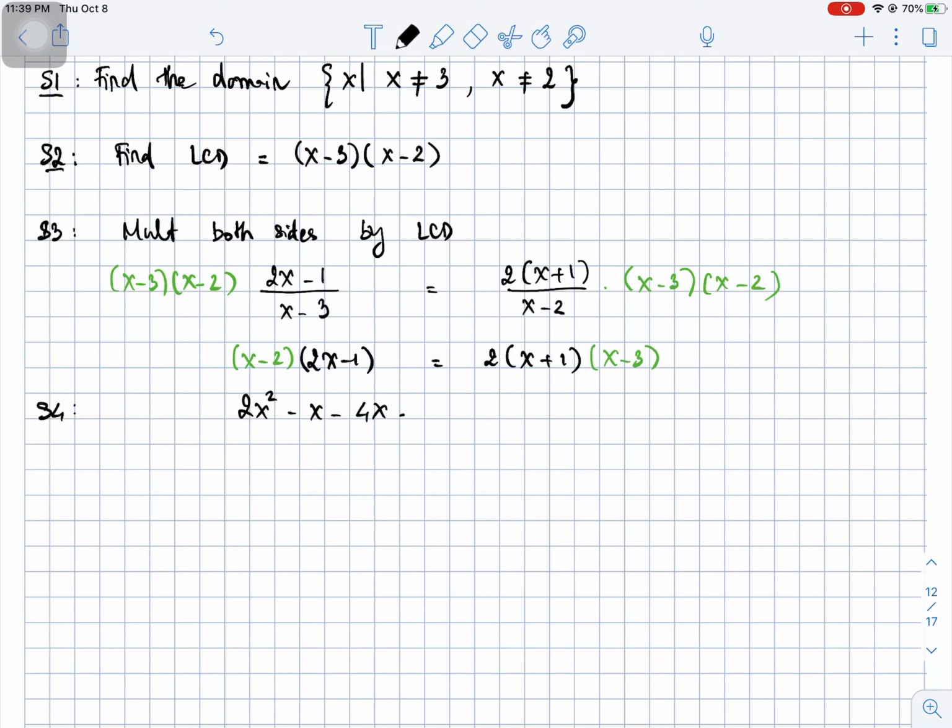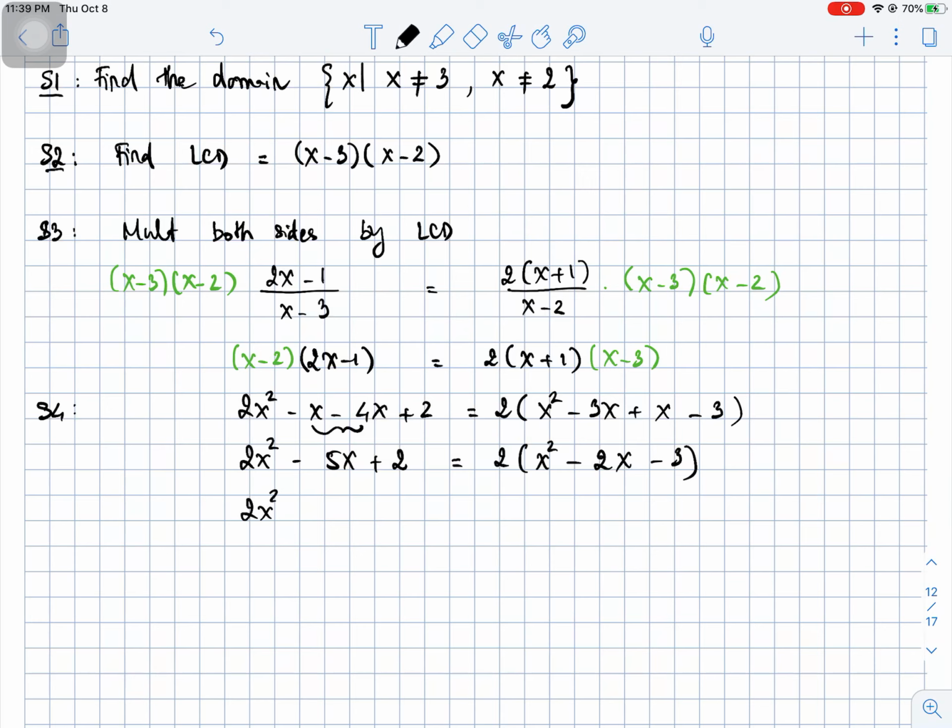And then step number 4, we can begin to solve now. We will open the parentheses. We will get 2x squared minus x minus 4x plus 2. We multiply the two parentheses and combine like terms.